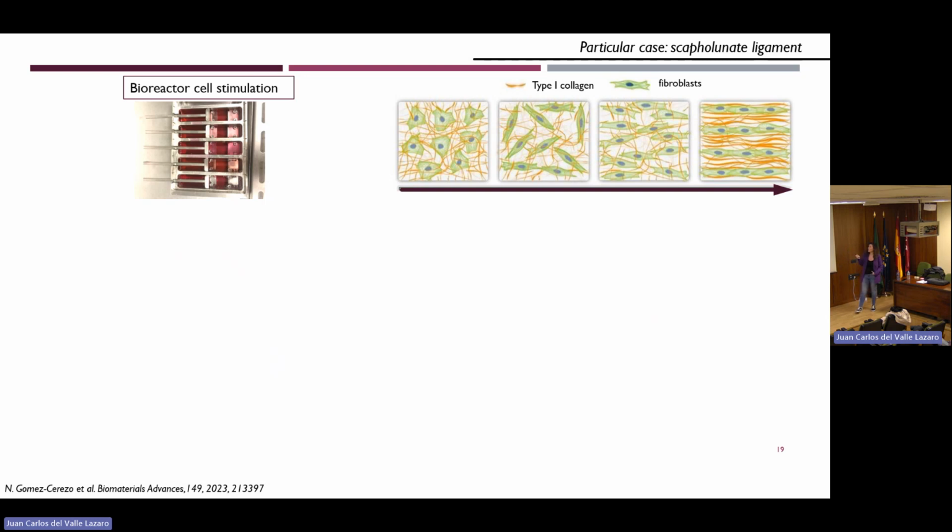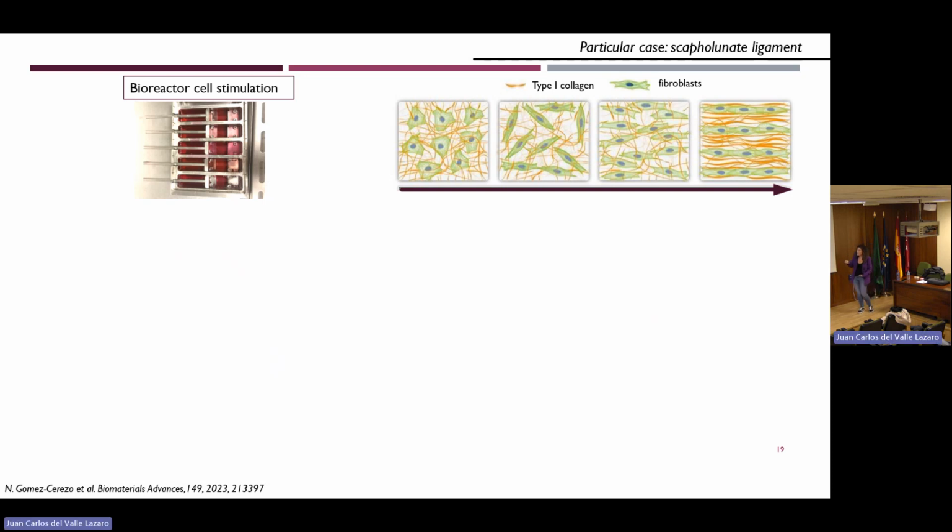And this is very usual in ligament and in tendon. If you have your cells organized and you put them through a concrete mechanical stimulation, you can align them. And the alignment of the cells is going to be very important in terms of recovering the structure of the tissue.